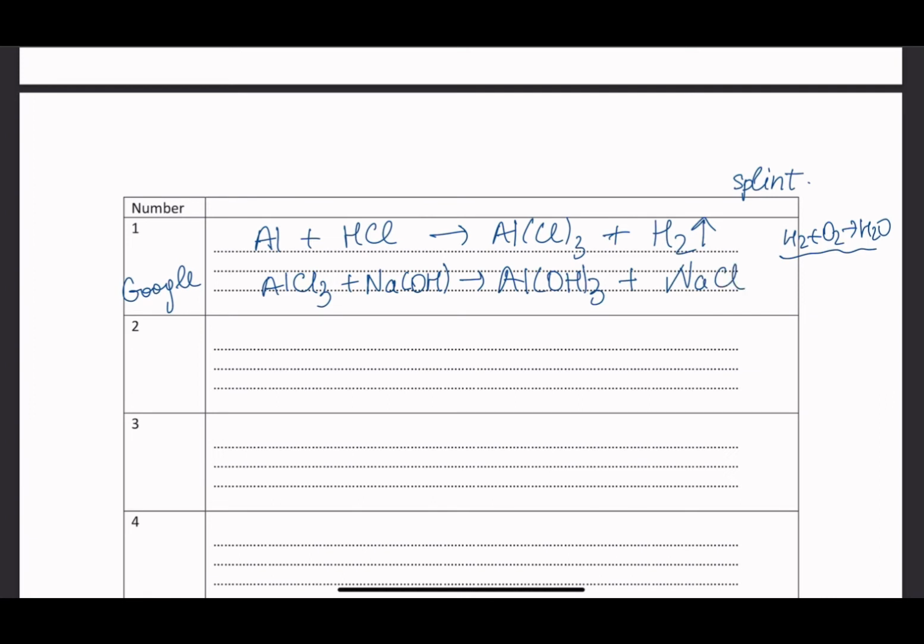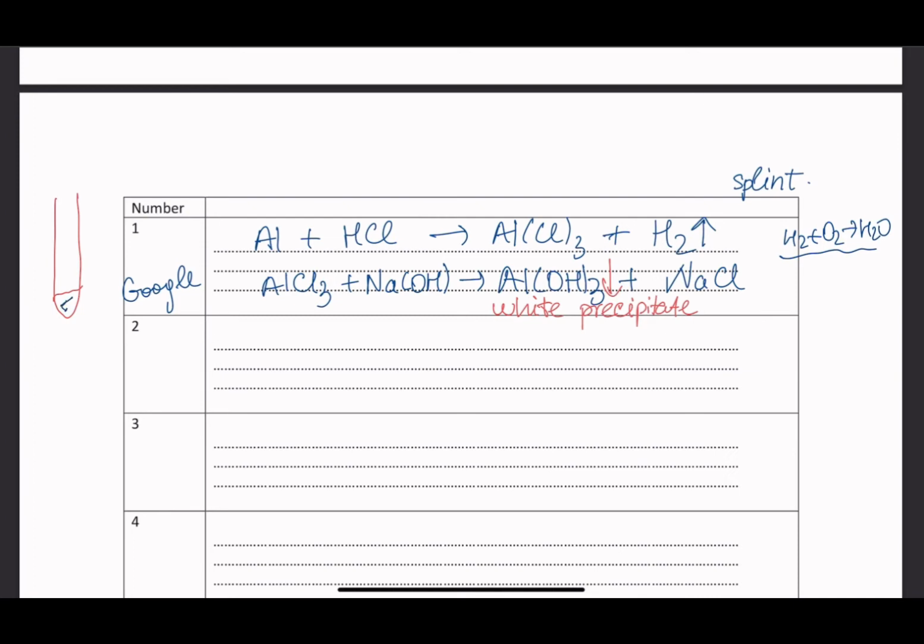This aluminium hydroxide, if you Google it, shows as a white precipitate. If you remember, we had a test tube, and inside the test tubes we had a small white precipitate.